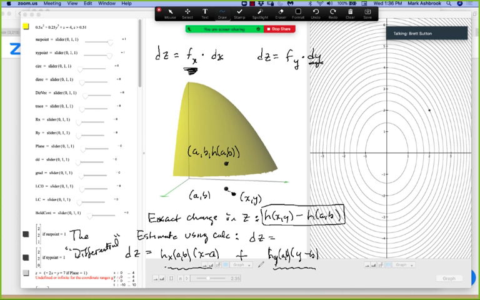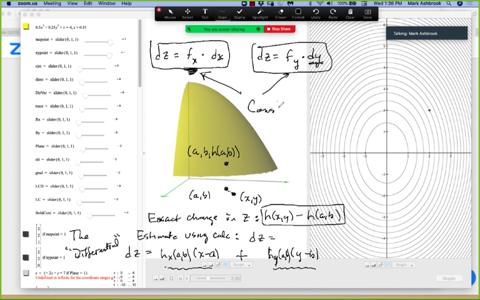Because the partial derivatives are changing. Right. These equations assume that the partial derivatives are what? Constant. Right. These equations assume constant rate of change, or linearity.